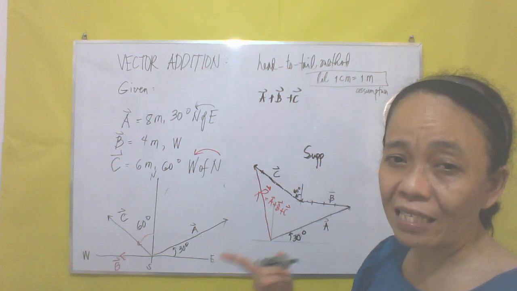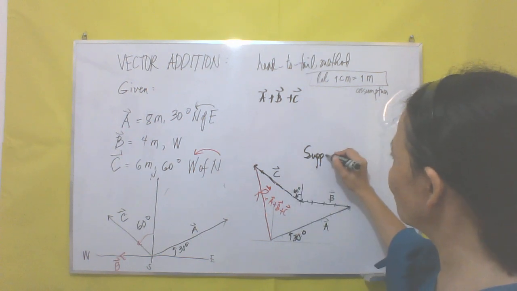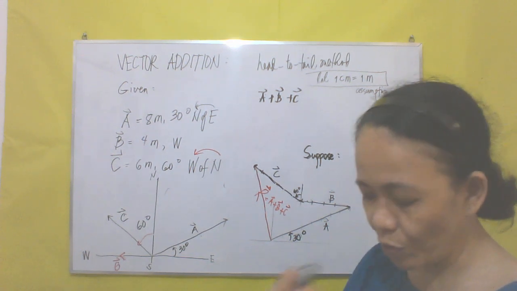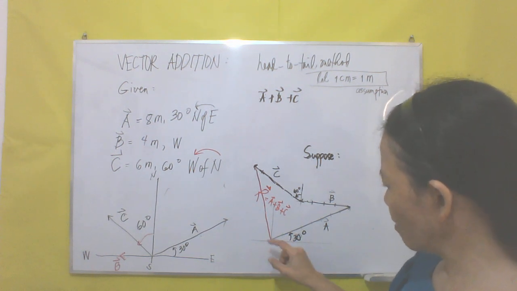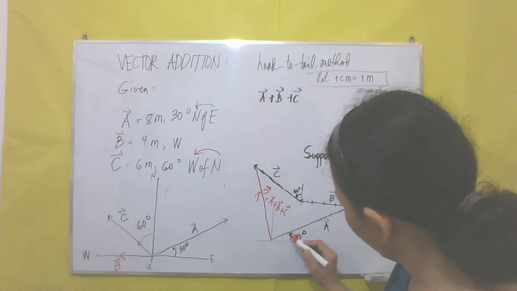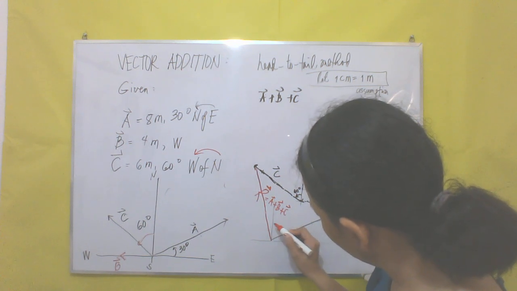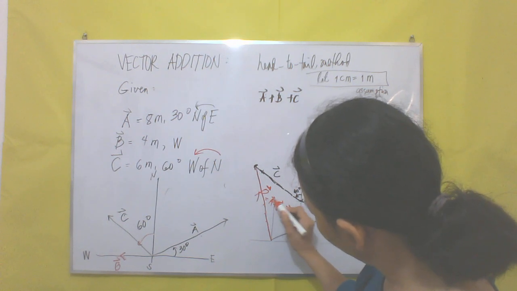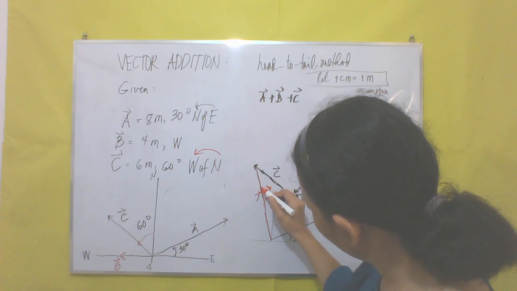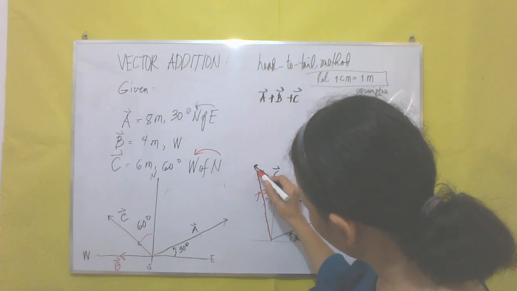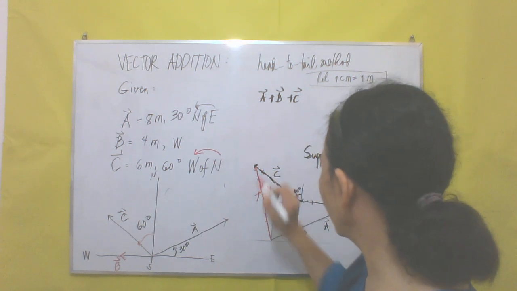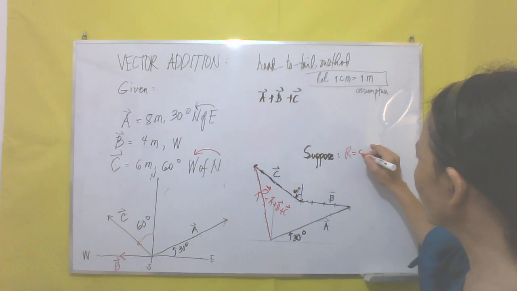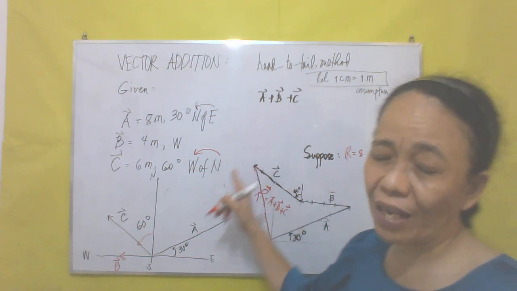I only apply estimation or scales for this. Let me estimate this one: 1, 2, 3, 4, 5, 6, 7, 8. Suppose R is equal to 8 cm or 8 scales.